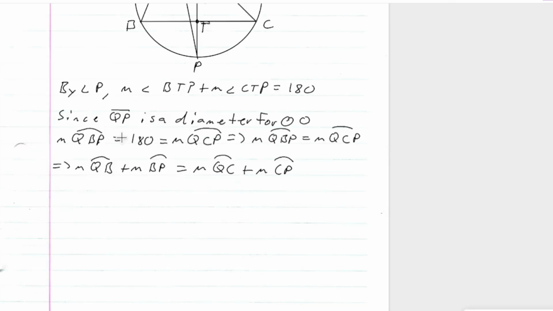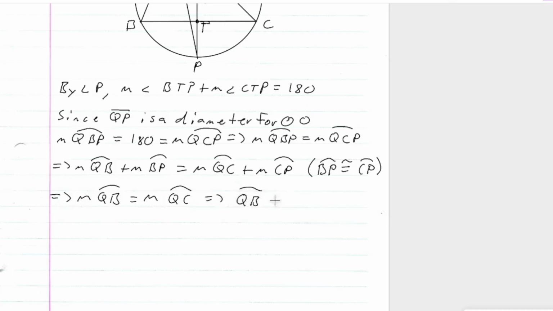Right? So remember, we had arc BP congruent to arc CP, right? So of course, if these two are equal, this implies that the measure of QB is equal to the measure of QC. If BP and CP are the same, we can just subtract the same quantity from both sides to get that these are the same. So then, of course, this implies that QB is congruent to QC.